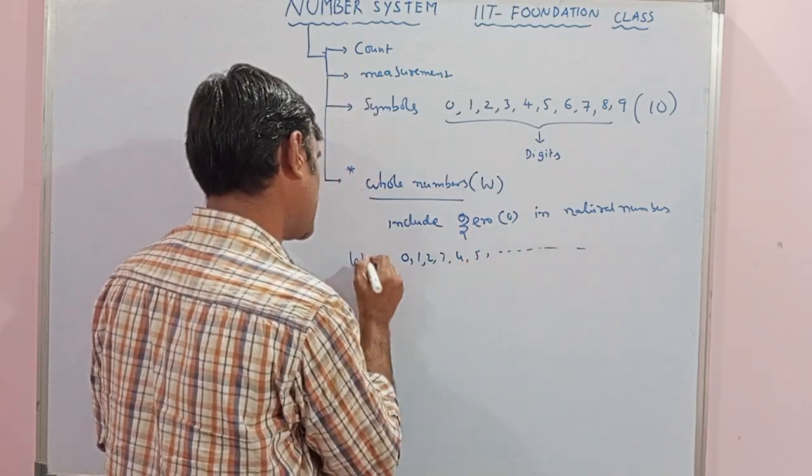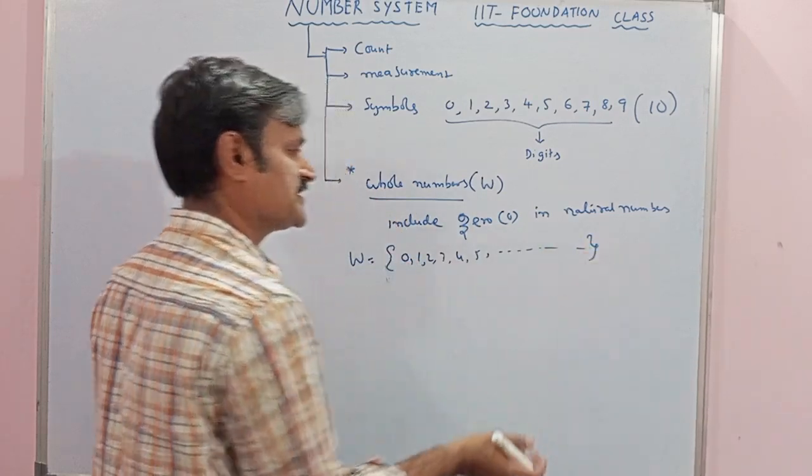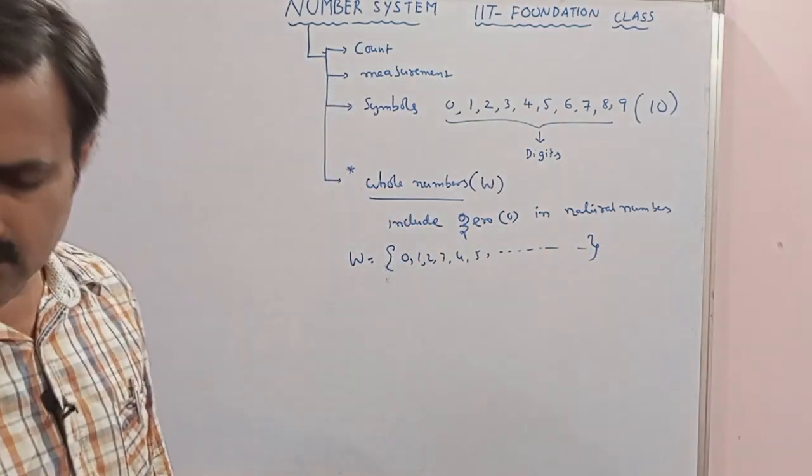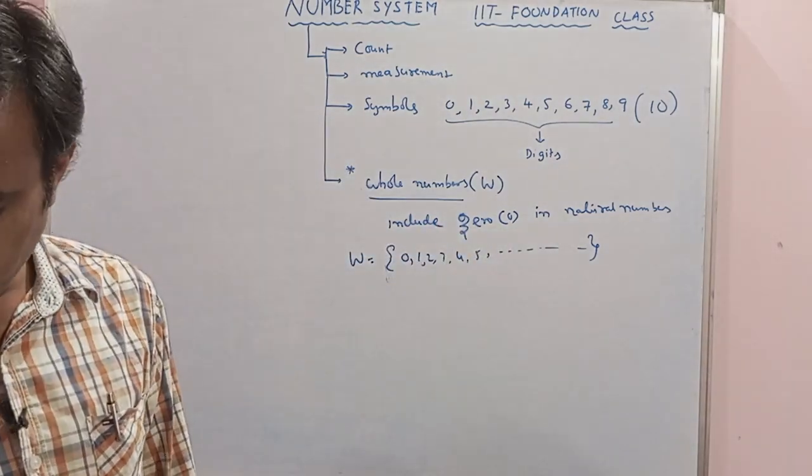That we call whole numbers. So whole numbers consist of 0. If 0 is not there, they are natural numbers. If 0 is also there, then they are called whole numbers.